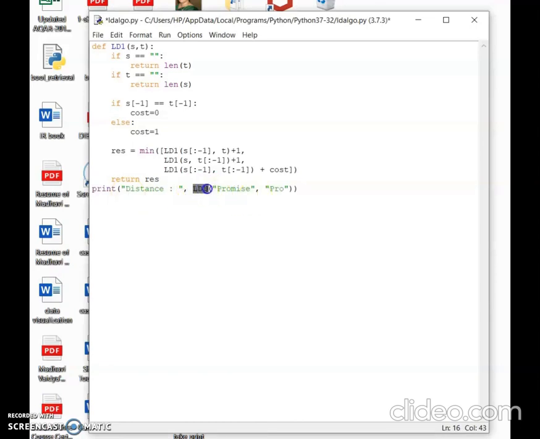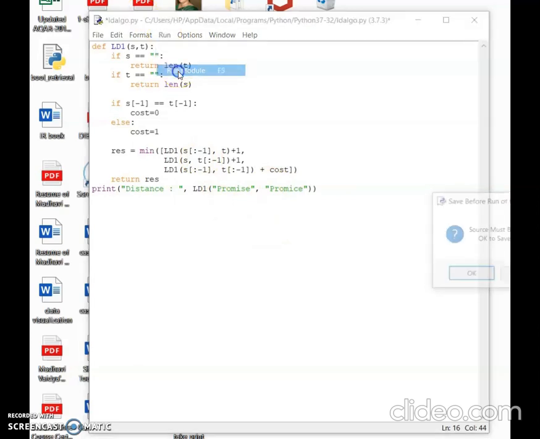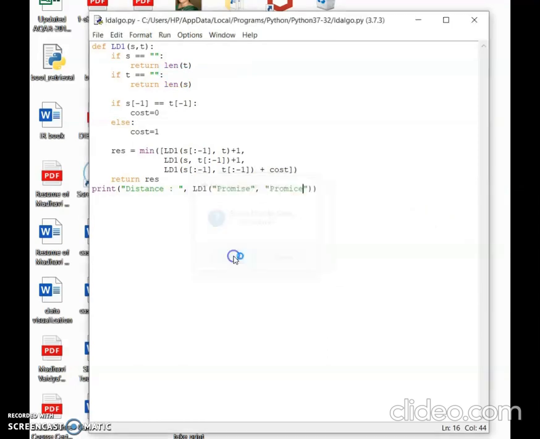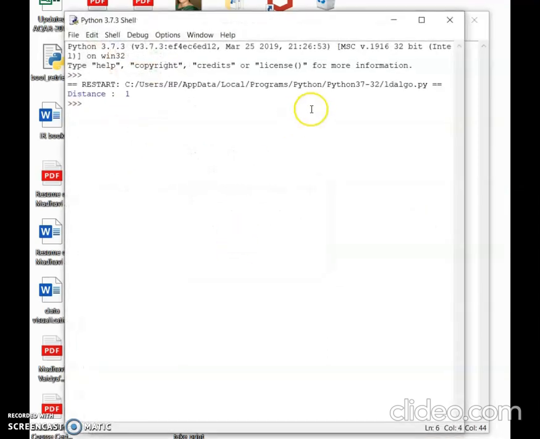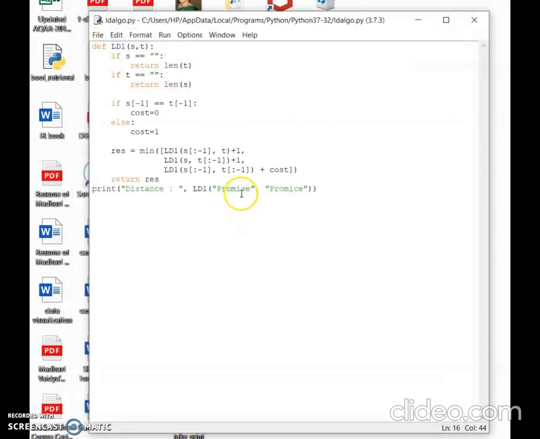So this ld1 has been called, and I'm talking about, say, promise and promise. So I can try to find out the edit distance between the two. So let's run the program. You can see here the distance is 1, because we have understood that there is s and there is c.